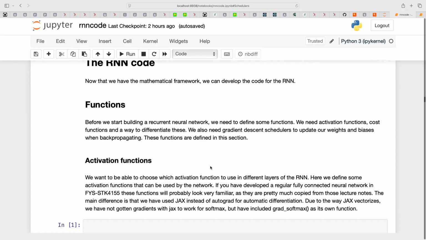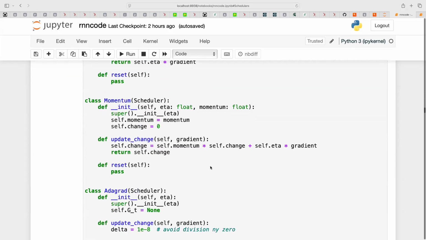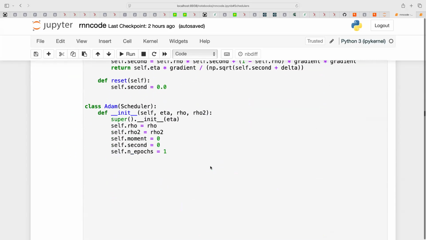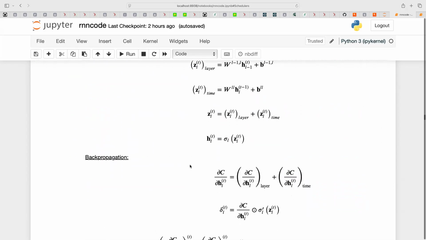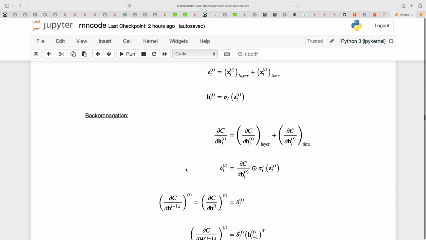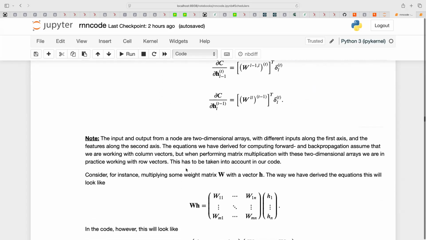So these are the type of quantities, the mathematics which we need in the node class, because that's where we plug in the mathematics of the feed forward and the back propagation. So these are just the equations which we need then to set up in the node class. So I'm just refreshing them here.